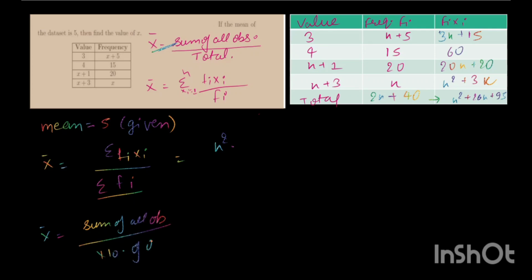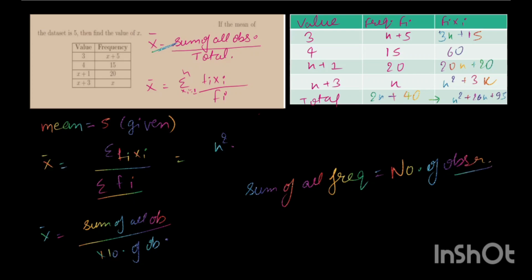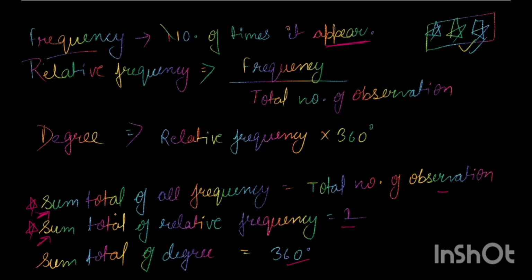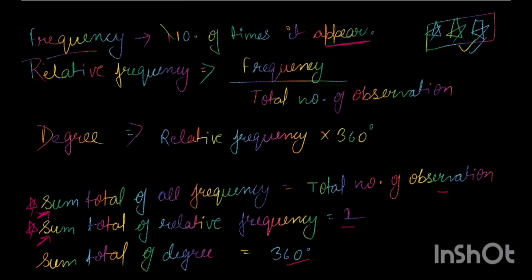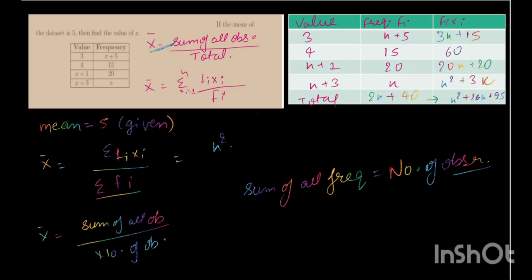This is the ordinary formula, but here we are using the fact that the sum of all frequencies is equal to the total number of observations. We studied in the last lecture that the sum of all frequencies is equal to the number of observations, as you can see here. So instead of writing the total number of observations in the denominator, we will simply use the summation of frequencies, because the sum total of frequency will give us the number of observations. Let me quickly erase these things.